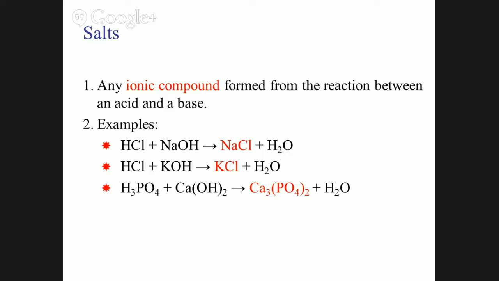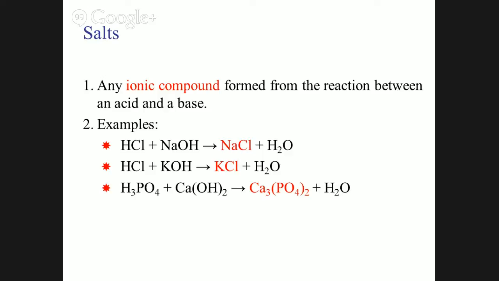Hydrochloric acid and sodium hydroxide. Notice again the hydrogen at the beginning of the acid, the OH hydroxide ion at the end of the base. Well, when they react together, they form sodium chloride, table salt, and water. Hydrochloric acid and KOH, potassium hydroxide, form potassium chloride, KCl, sometimes considered a salt substitute for people who have to restrict how much sodium is in their diet.